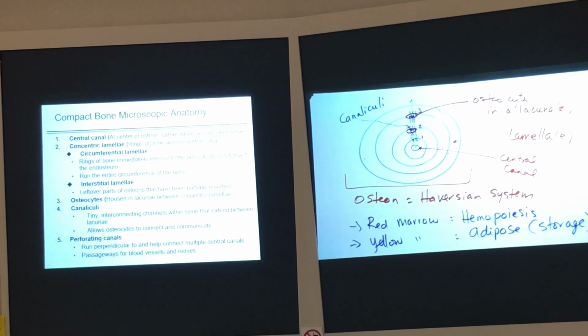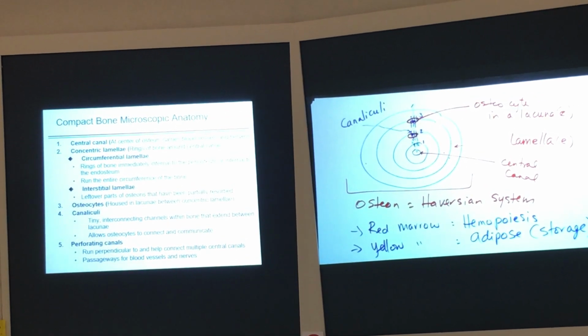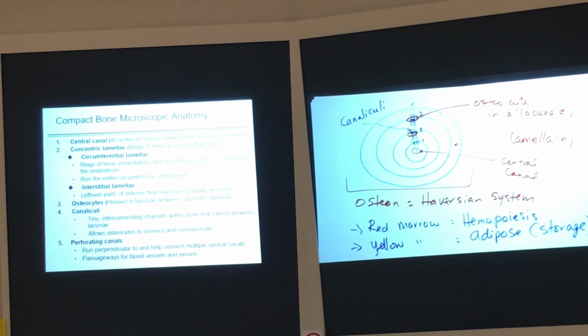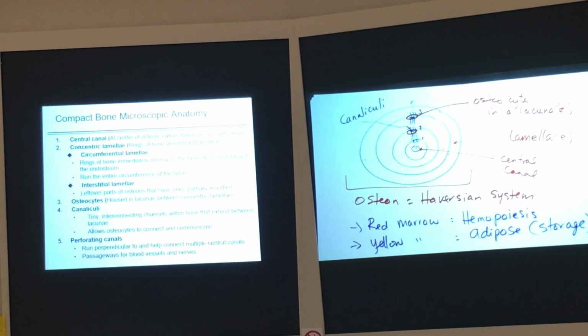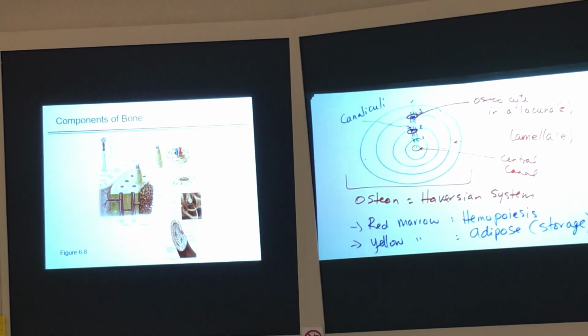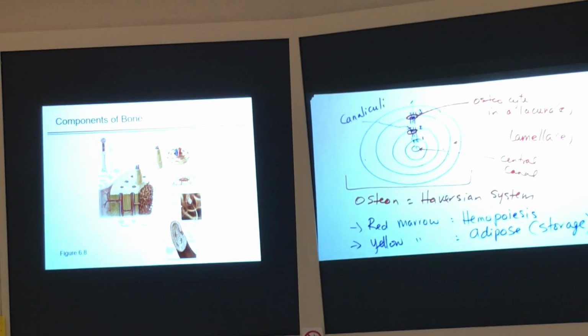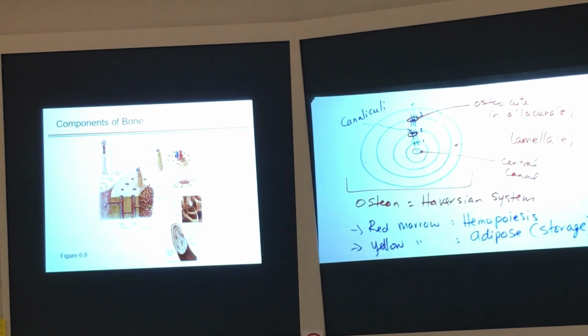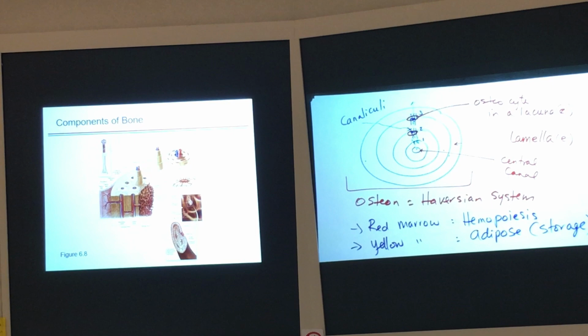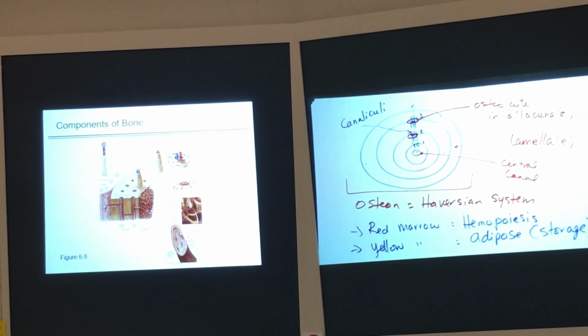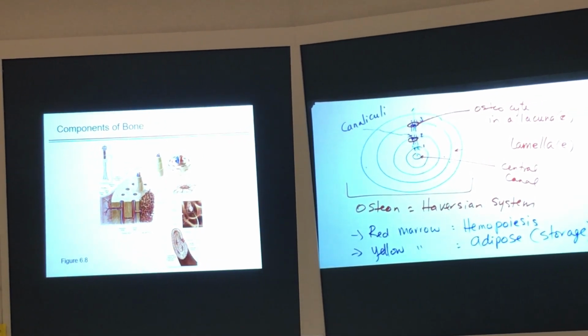So perforating canal runs perpendicular to connect multiple central canals. So passageway for blood vessels. So if we see it, this is perforating canal. It goes from one to the next one.